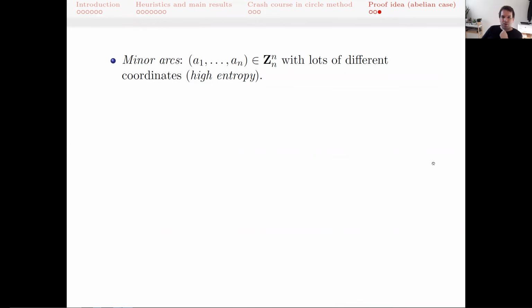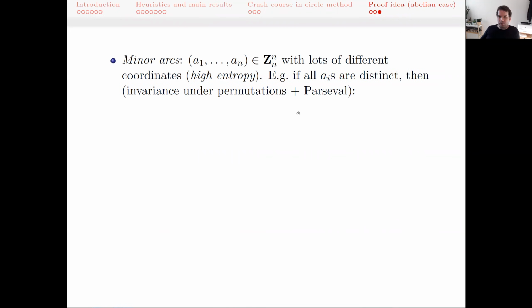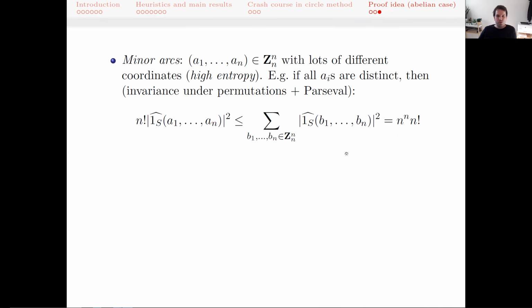Minor arcs in our case would be those n-tuples that have lots of different coordinates, so we say that they have a high entropy. For example, if you take the most extreme case, those n-tuples whose coordinates are all distinct, then you can see this inequality.